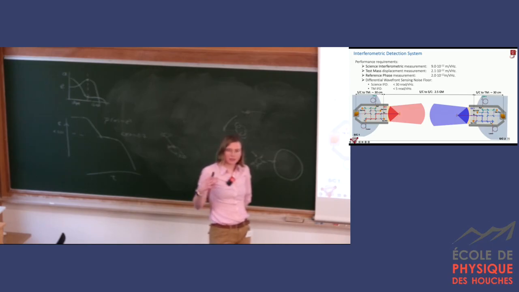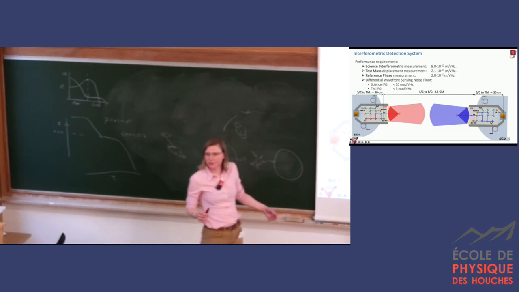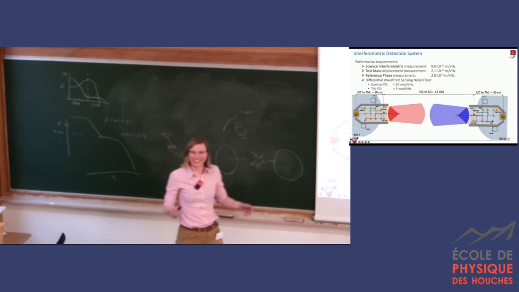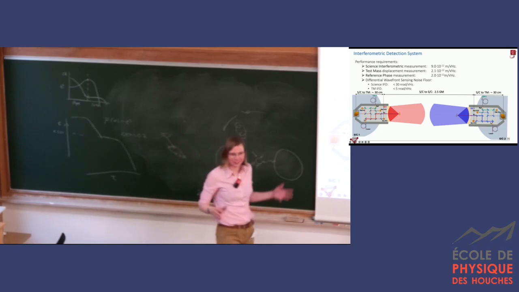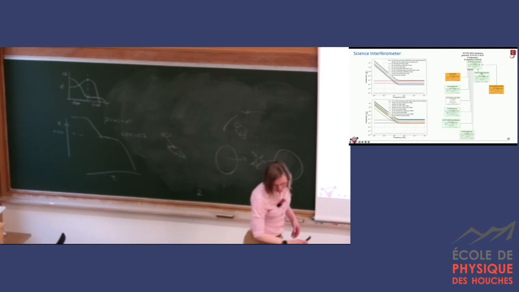We also have quite stringent requirements on the DFACS readout to make sure that the DFACS system works properly. Can you just explain DFACS? Drag-free attitude control system that controls spacecraft attitude and positioning. Thank you.